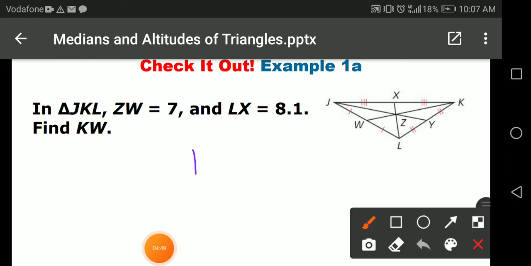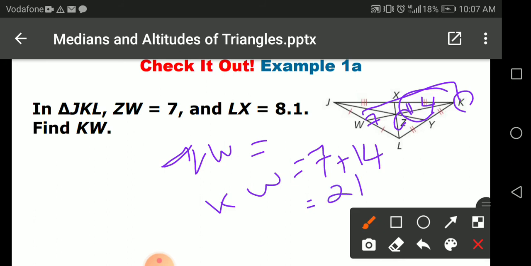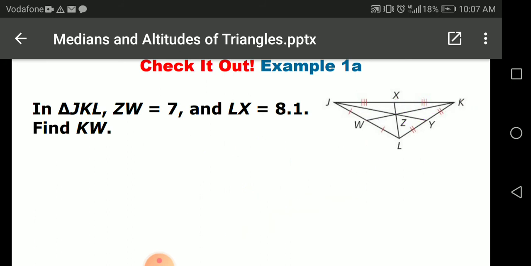Remember, ZW is 7. KZ is 2/3, so it will be 14, double. So KW, the whole one, is 7 plus 14, which gives you 21. Is it easy like this? Yeah.